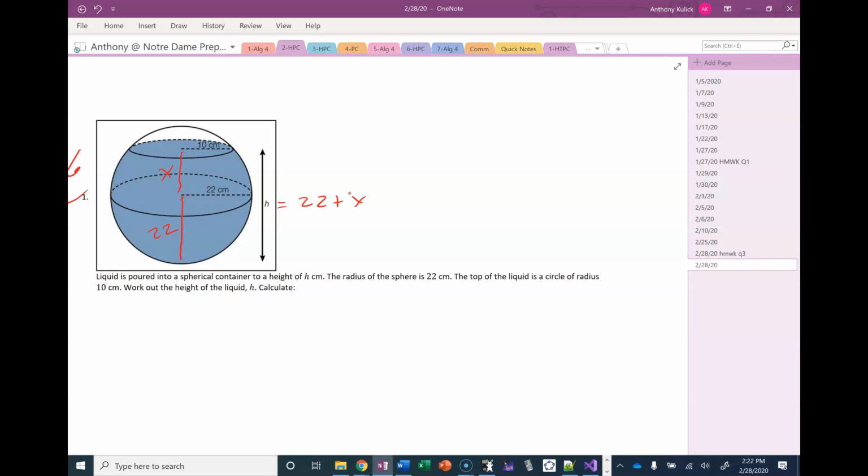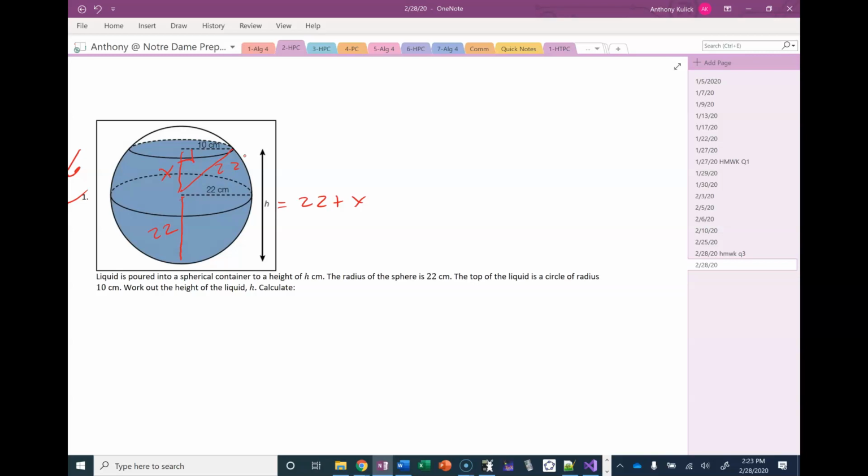What I need to do is now draw a calculation triangle involving that side x. So that's a right angle, right? So stands to reason that would make my calculation triangle, right? How long is that piece that I just drew in? 22. Why? It's the radius of the sphere. So then you can just do the Pythagorean theorem to calculate x, and your answer is 22 plus that answer.